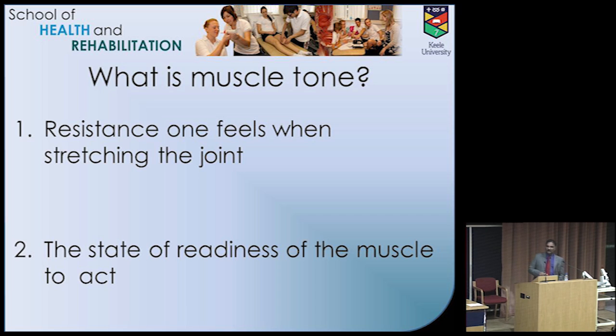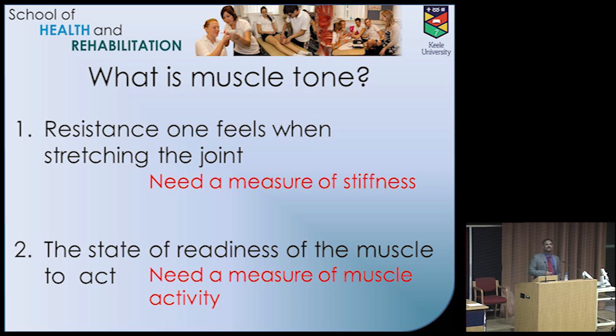Muscle tone in the world of neurology appears to have two definitions within it. The first definition is the resistance you feel when you move a limb. So if you try to move a limb and it feels very stiff, they would say there is increased tone. The other definition is the readiness of a muscle to act, i.e. the ability to activate your muscle to perform a movement. So this then meant we had two things to measure.